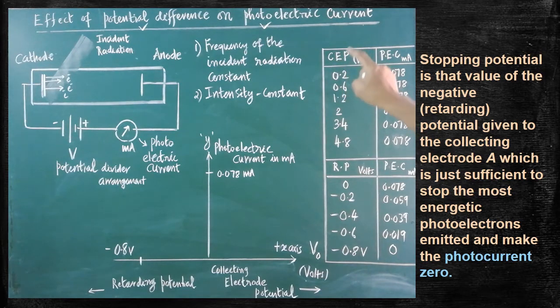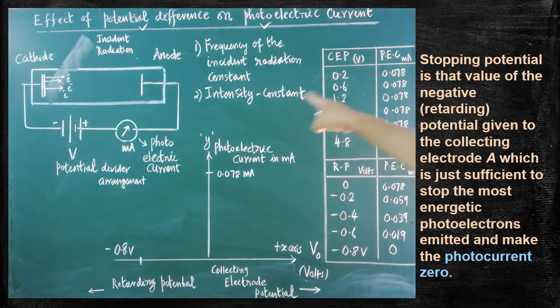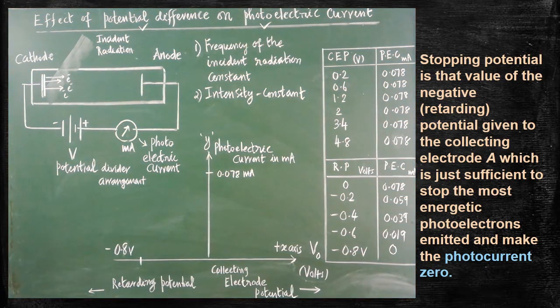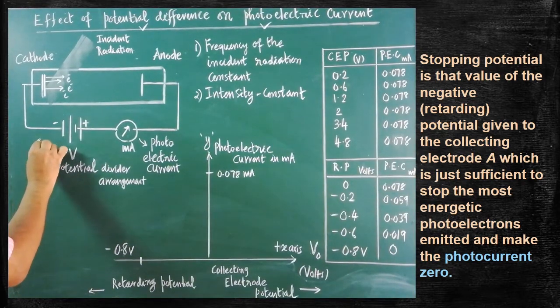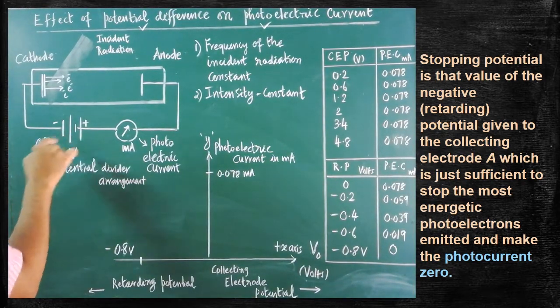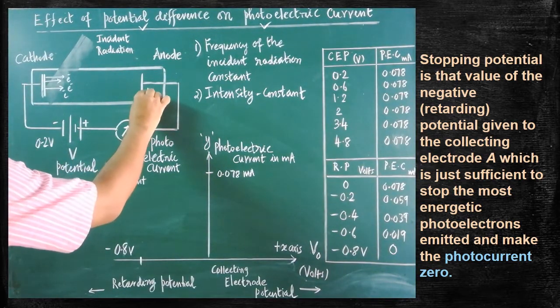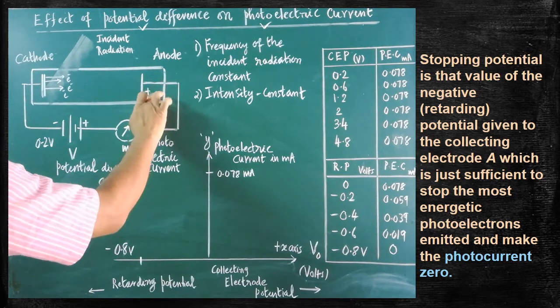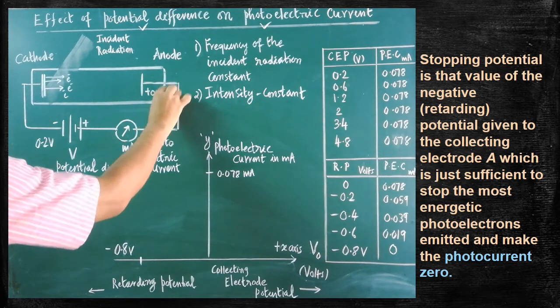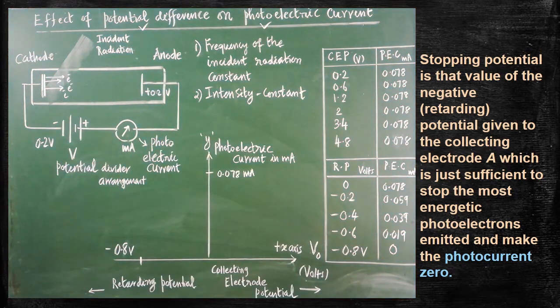Let us imagine that initially, with the help of the potential divider arrangement, 0.2 volt is given across the anode and cathode. Here plus 0.2 volt is given. When 0.2 volt is given, what will happen?